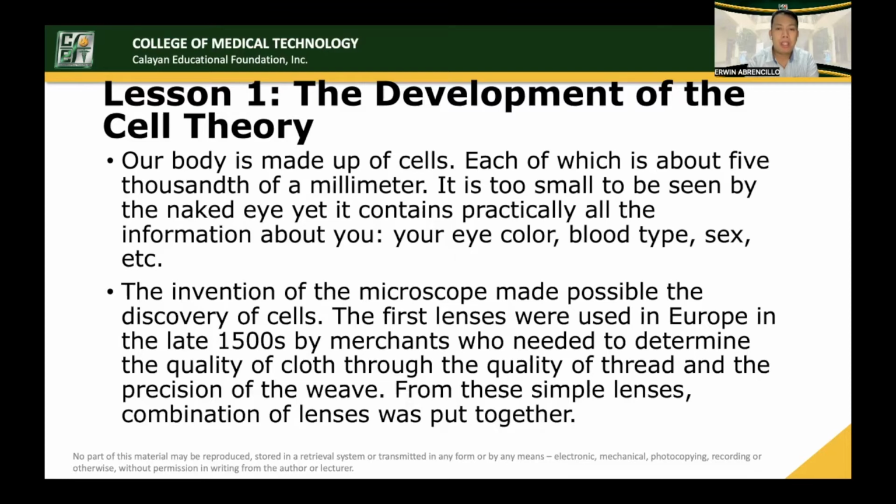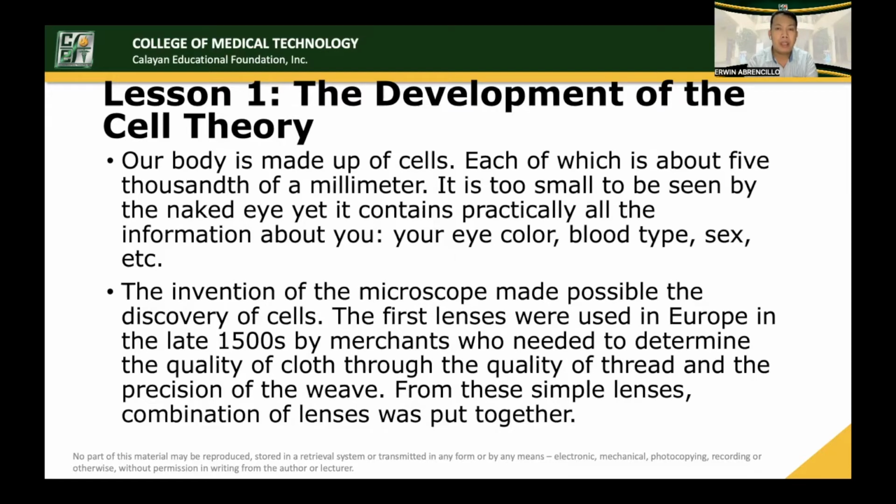Now, the invention of the microscope made possible the discovery of cells. The first lenses were used in Europe in the late 1500s by merchants who needed to determine the quality of cloth through the quality of thread and the precision of the weave. From these simple lenses, combinations of lenses were put together. The invention of lenses did not actually lead directly to the invention of the microscope.